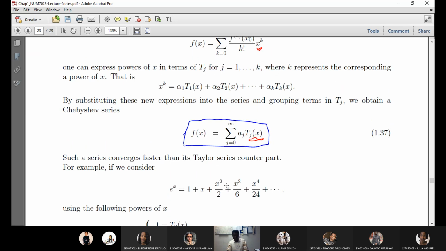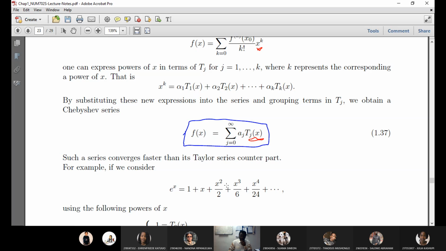Obviously, what I want to say here is that this can only be accurate if you are approximating polynomials. I mean, you want to expand polynomials, right? This formula, as I explained, will be exact. Otherwise, it will be just an approximation. It will not be accurate.